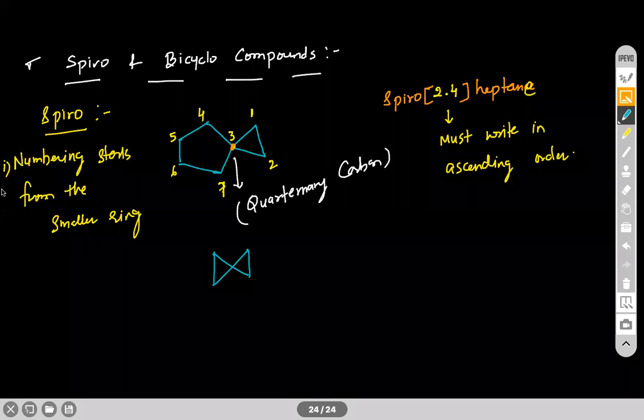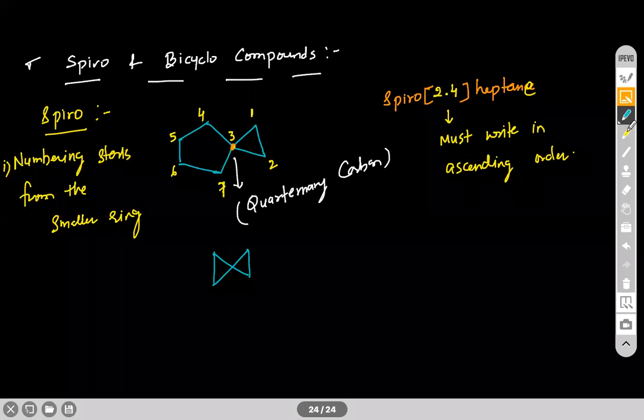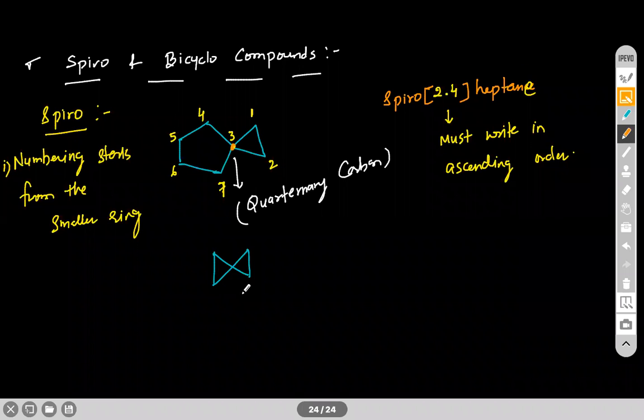Spiro 2.2 butane. Always numbers are separated by dot, not comma. So the name of this compound is spiro 2.2 pentane. Total carbon atoms is 5, so we'll write down pentane.